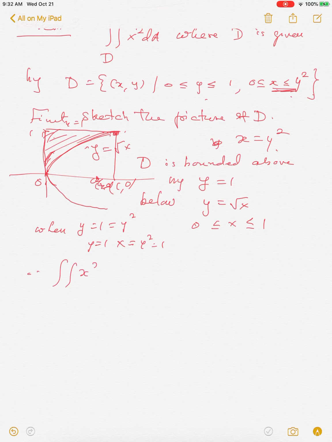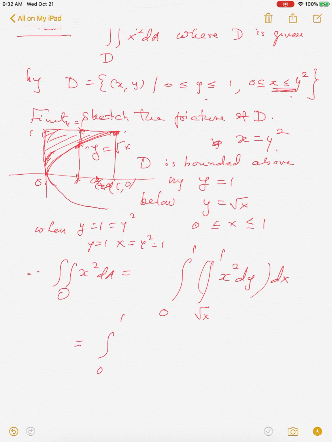So therefore the double integral over D is going to be, I first freeze x, integrate from the lower limit root x to the upper limit 1. You are integrating x squared with respect to y first, then with respect to x, x will run between 0 to 1. So this will be integral 0 to 1.